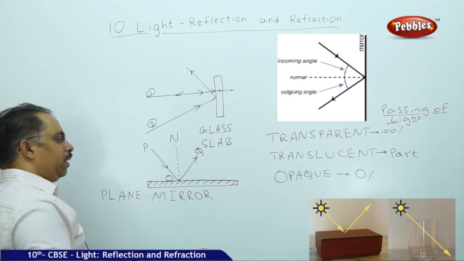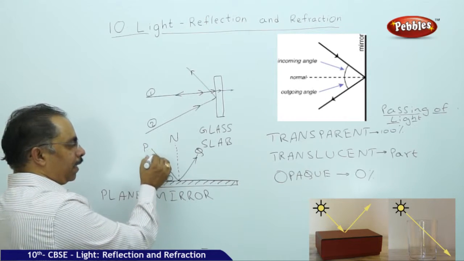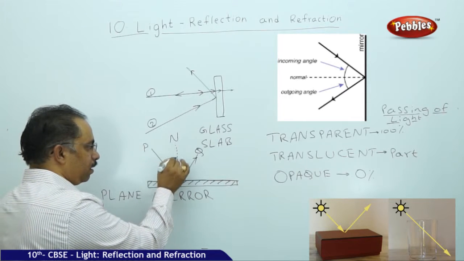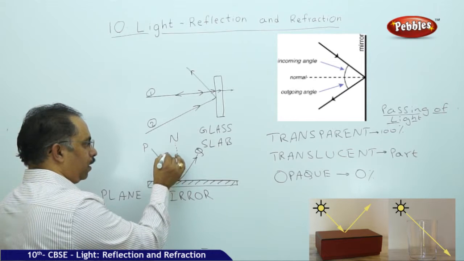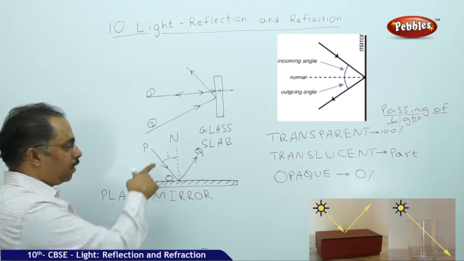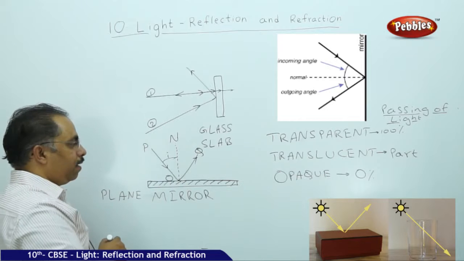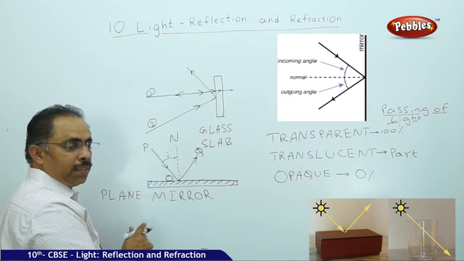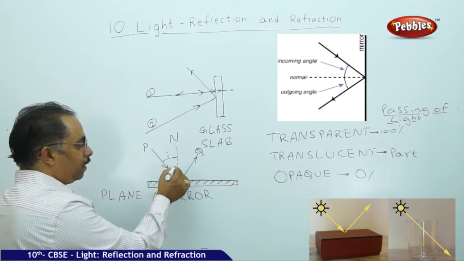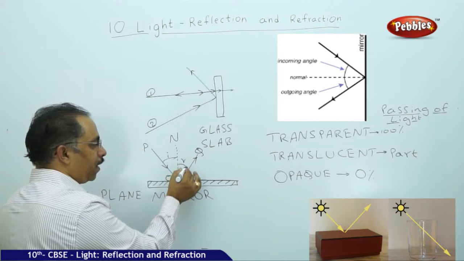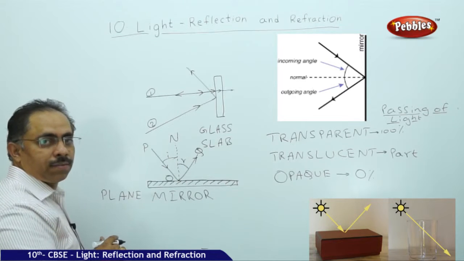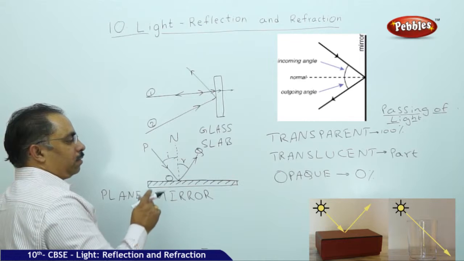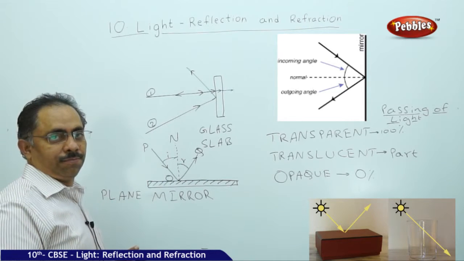Now if I measure the angle between the incident ray and the normal at the point of incidence, this angle we will call the angle of incidence, denoted by i. And the angle between the normal at the point of incidence and the reflected ray is called the angle of reflection, denoted by r. Now there are two laws of reflection.